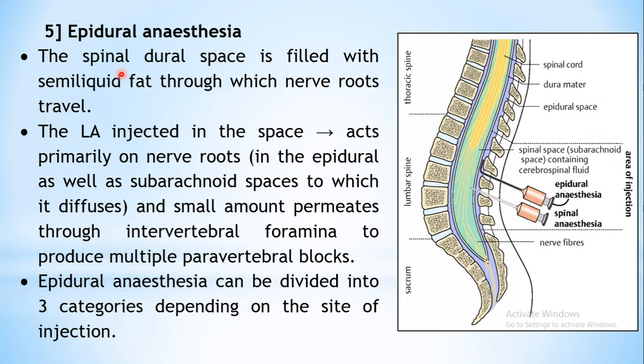When you give the injection in this area, these nerve roots again will take up your local anesthetic. To some extent it will be restricted to the epidural region, and sometimes it even crosses up to the subarachnoid spaces also.